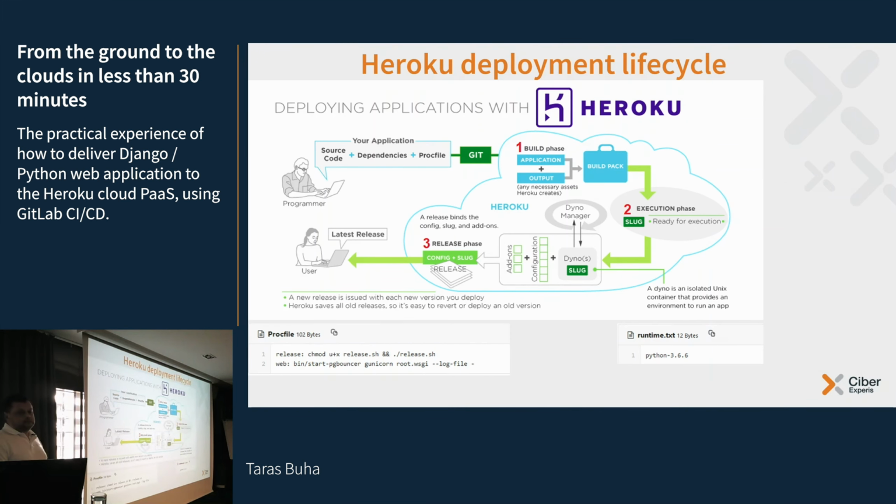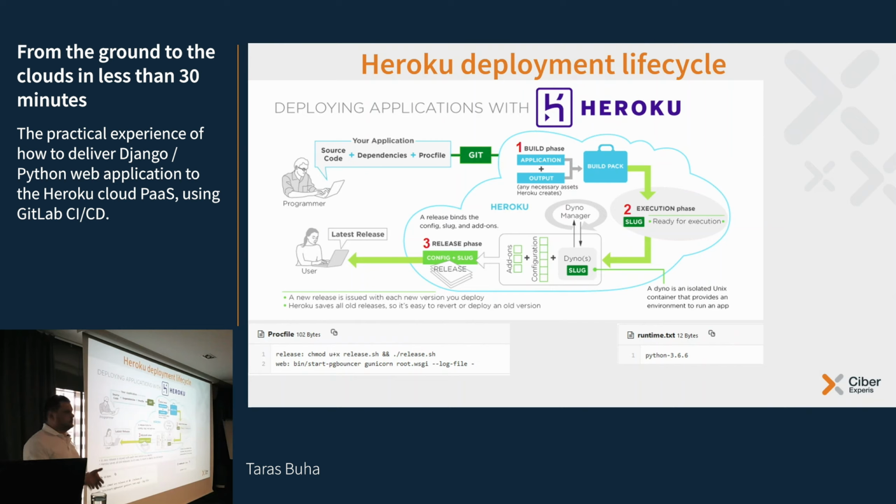Next is how things are organized inside Heroku. The main part is your source code with the dependencies required for the application, and this just goes to Git as a source base.